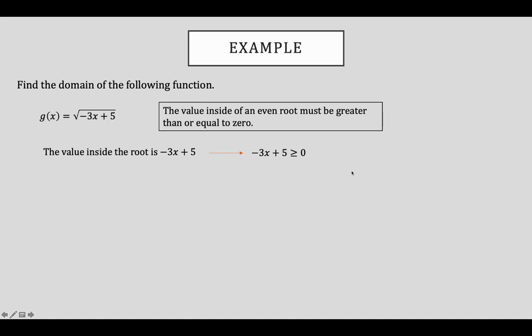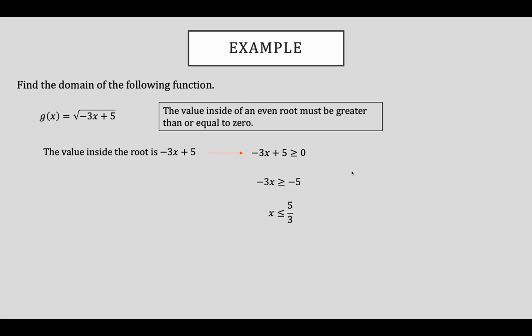Now, to solve this linear inequality, we can begin by subtracting 5 from both sides. And to isolate x, we can divide both sides by negative 3. Now remember that when you divide by a negative or multiply by a negative in an inequality, that means that the sign is going to flip.